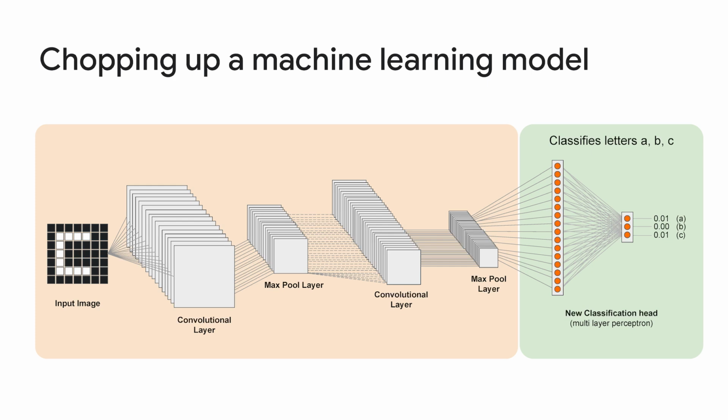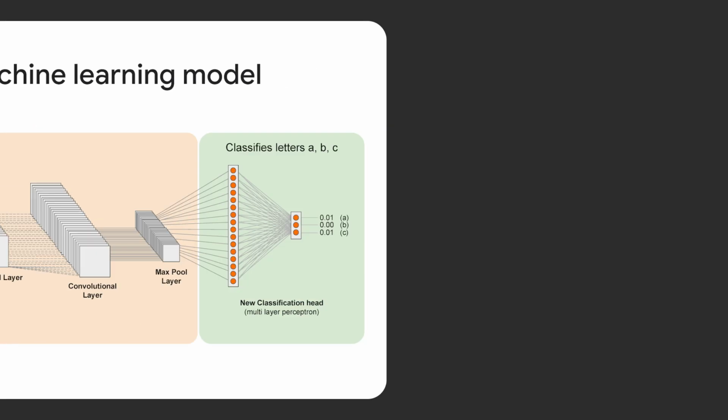Only the new classification head will update itself to learn from the features provided from the pre-trained chopped up model on the left. The act of doing this is known as transfer learning, and that's what Teachable Machine does behind the scenes that you saw in action at the start of the workshop. You can also see that by only having to train the last few layers at the very end of a network, it will train much faster than if you had to train the whole model from scratch.